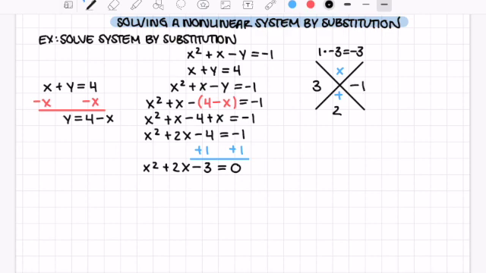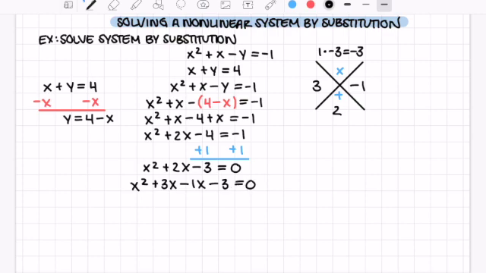Those two work. So when I do that, I get here x minus 1. Oops, actually I don't. x to the power 2 plus 3x minus 1x minus 3 is equal to 0.